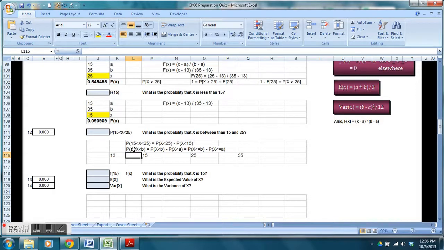So at the end of the day, this formula is exactly the same as this formula, and it's what we're doing right here. In this case, it's F of 25 minus F of 15. Let's move that over here.